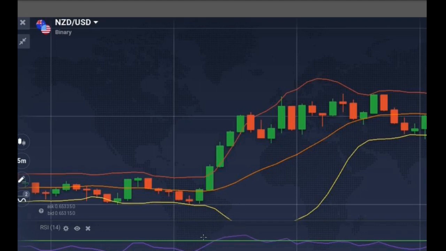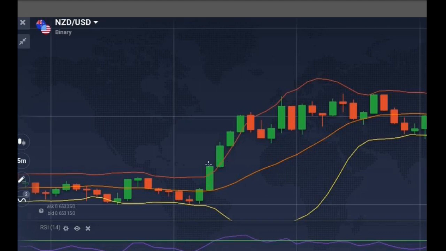Okay, so you're waiting for price to shoot up and pass this green boundary. Okay, so price goes up and there is a corresponding increase or cross on the RSI 70 overbought level.